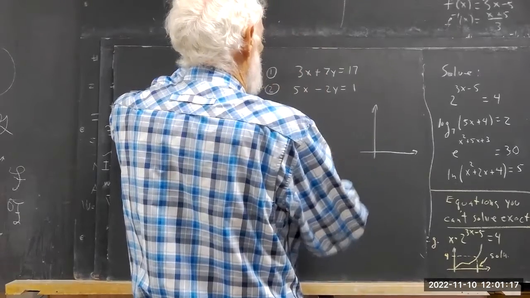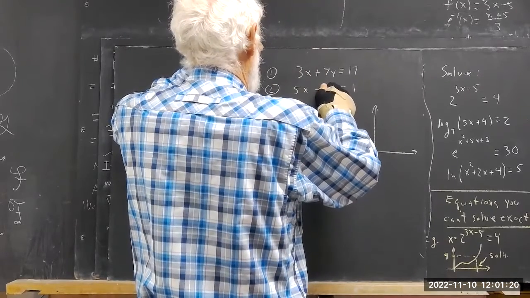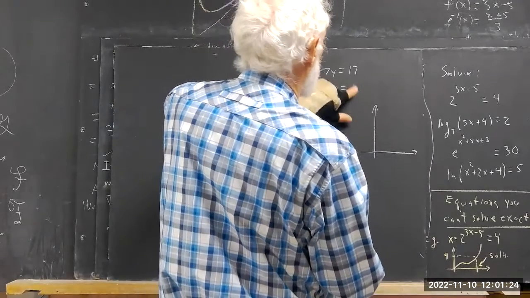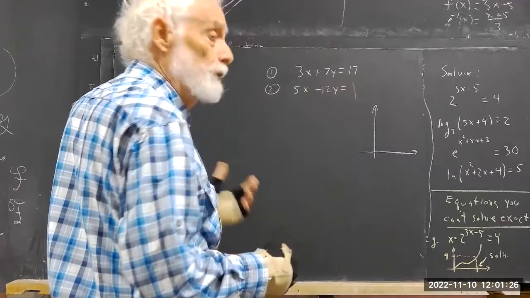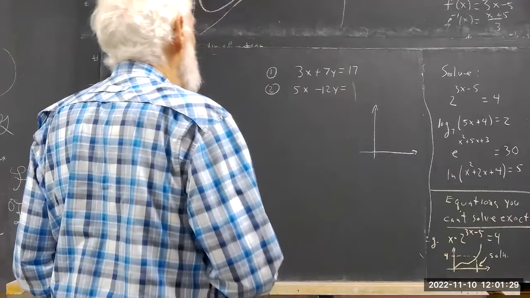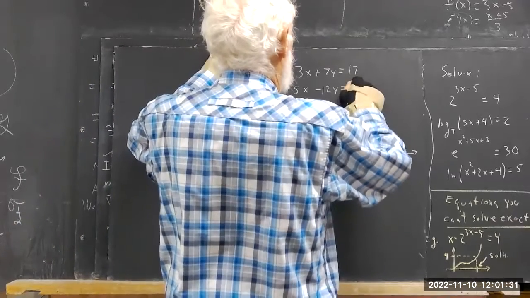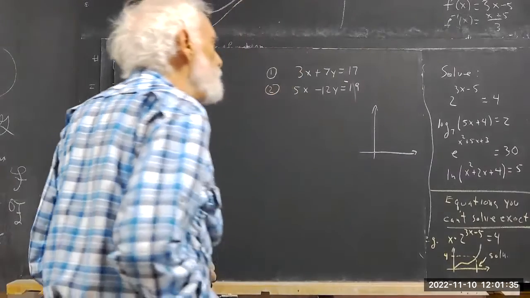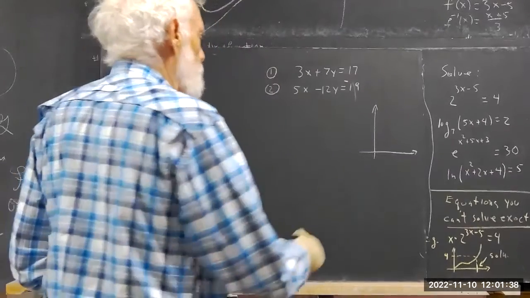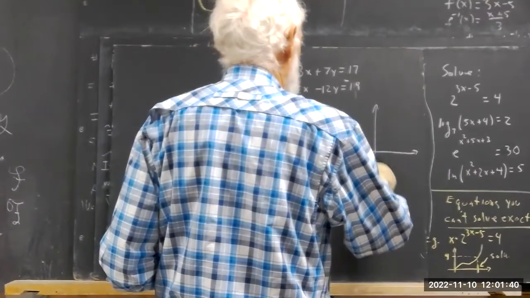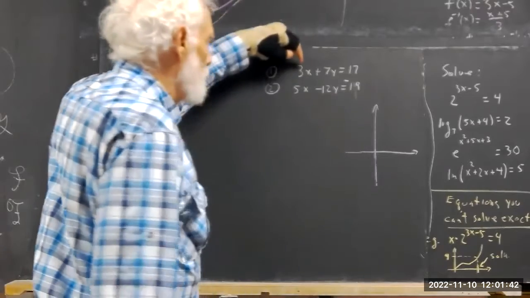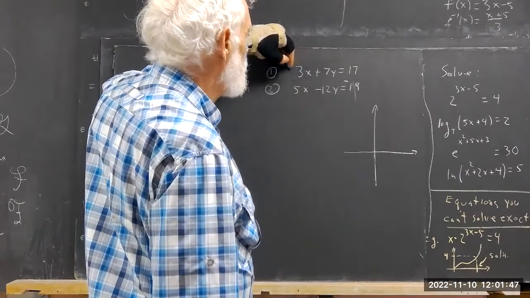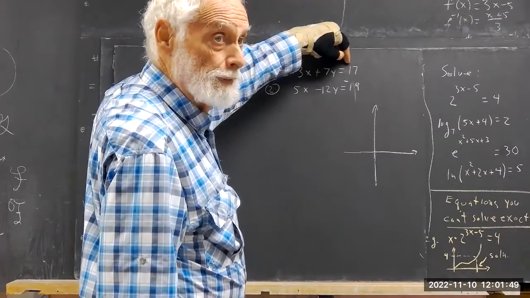I'm going to change this equation a little bit and make it 5x minus 12y equal to -19. Well, I can find my x and y intercepts very easily. The x-intercept occurs when y is 0, in which case 3x equals 17, so x is 17/3.